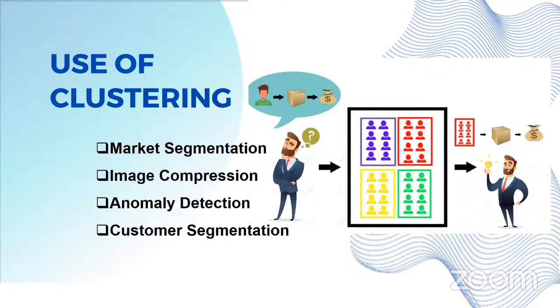It involves dividing the broad customer or business market, normally consisting of existing and potential customers, into subgroups of customers based on the characteristics they share. This clustering algorithm can group the customers with similar purchasing behavior, preferences, and needs, which enables the businesses to market their strategies to the specific customer group.